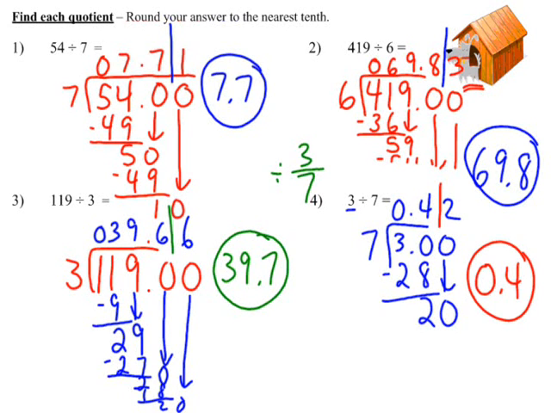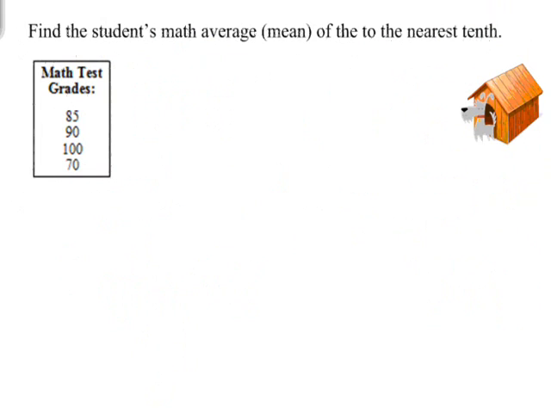All right, well, let's do one more example. This is a little more practical. Let's say these were your four grades on your last four math tests, and you wanted to know what your test average was. Well, the first thing we need to do is add up your test scores. So we have 85, we have 90, we have 100, we have a 70.